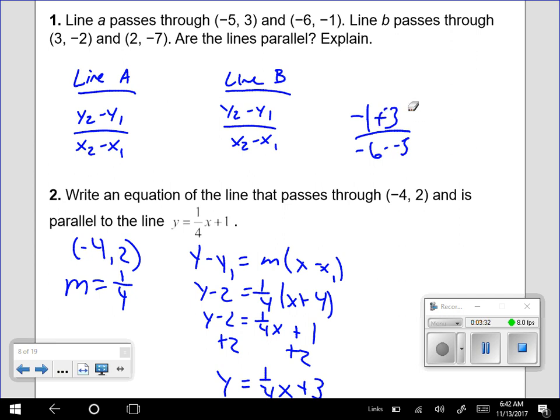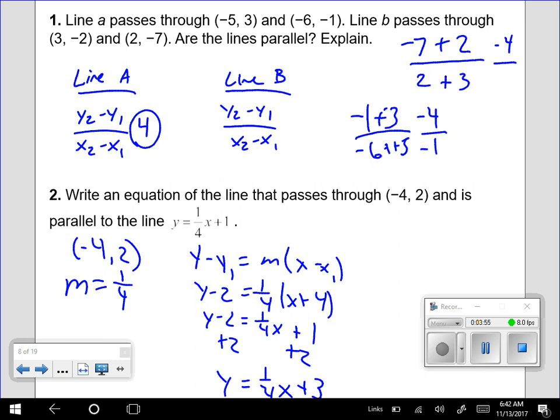So we get negative 4 over negative 1, or positive 4 for line A. For line B, we would have gotten negative 7 plus 2, or minus a negative 2, over 2 minus 3. Sorry, this is negative 5 over negative 1, which would be positive 5 as our slope. So these are not parallel because they don't have the same slope.